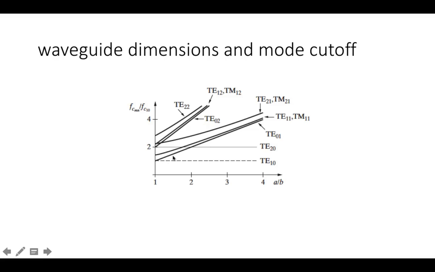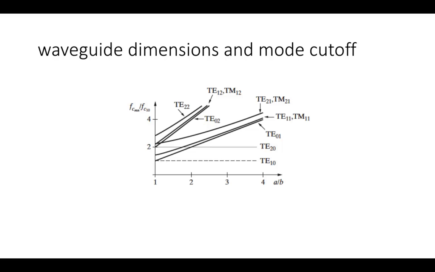Okay, so here is a figure that we showed in class. We were looking at the TE10 mode as having the lowest cutoff frequency, being the dominant mode. And so within this waveguide, to stay at the dominant mode, as you come up in frequency, you don't want to run in and pick up any other modes.